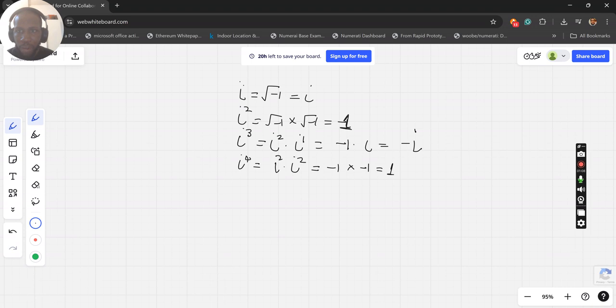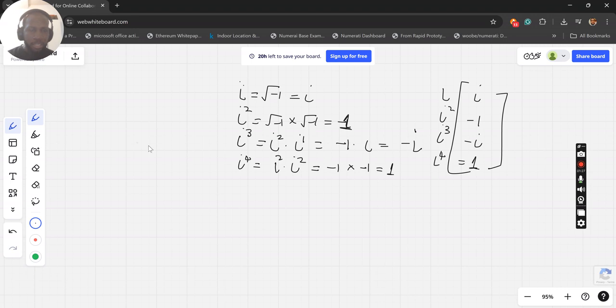So the values we have here are: i squared is -1, i cubed is -i, and i to the power 4 is 1.